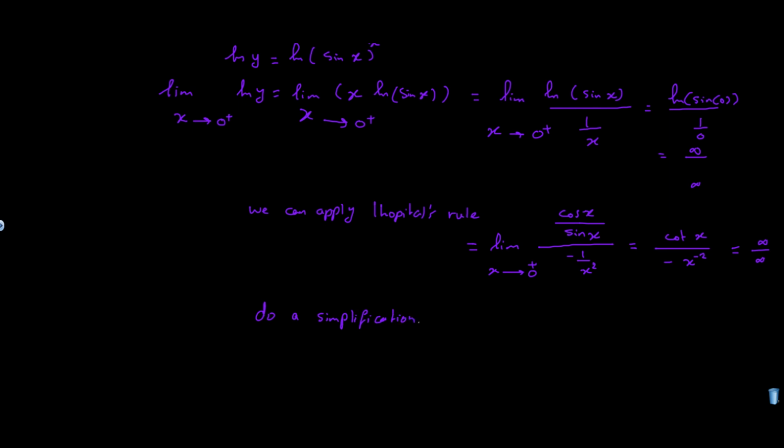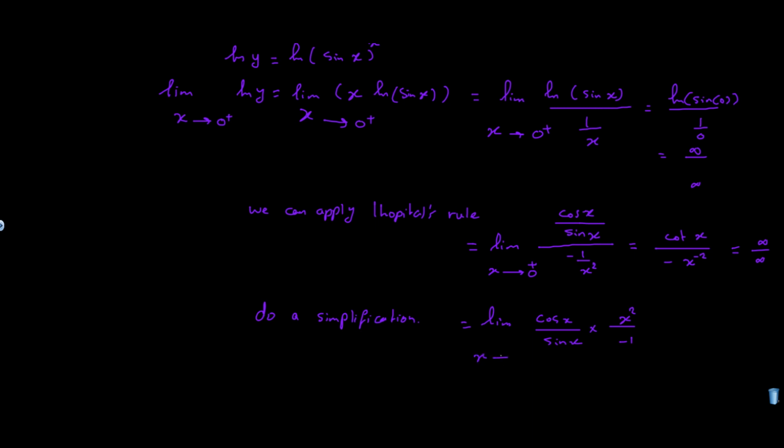Be careful about this step. Here we can write this as the limit of cosine x over sine x times x squared times negative 1.